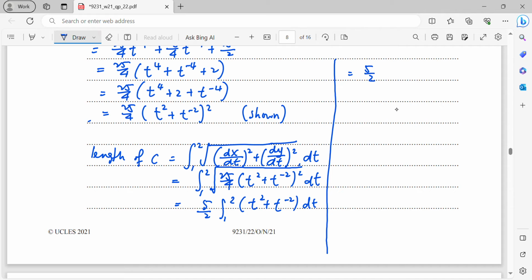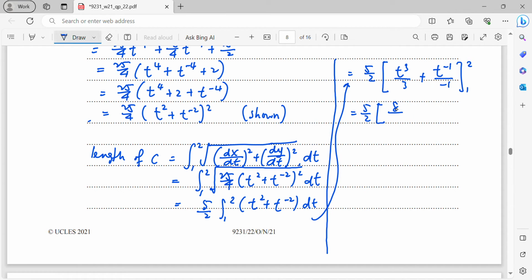Then from here, right? Then integrate t squared, it will be t cubed over 3 plus t power negative 2 is t power negative 1 over negative 1. Then limits from 1 to 2. So here, now just need to replace the t by 2 first. So I will get 8 over 3 plus, okay, this plus and minus is basically minus.